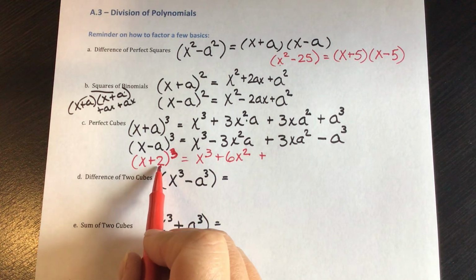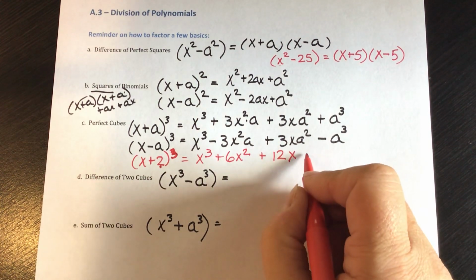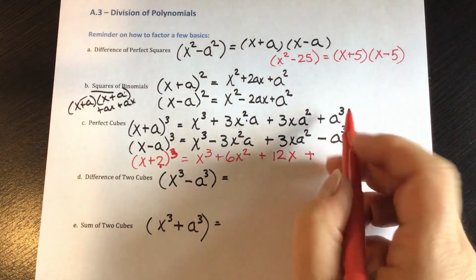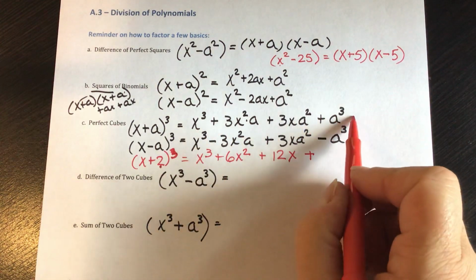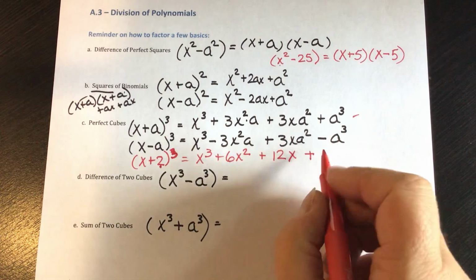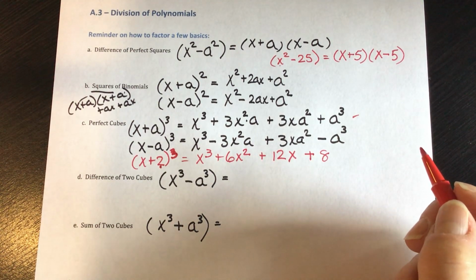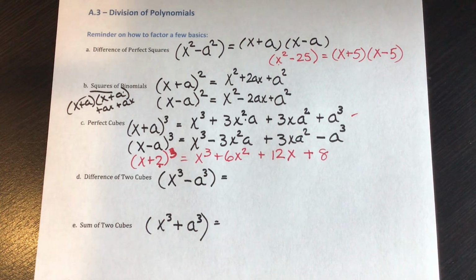Well, a squared is 4, times 3 is 12, x, and then plus, I'm using this top one up here because it's plus, 2 to the third power is 8. Okay, so that was a lot easier than using FOIL on that one multiple times.